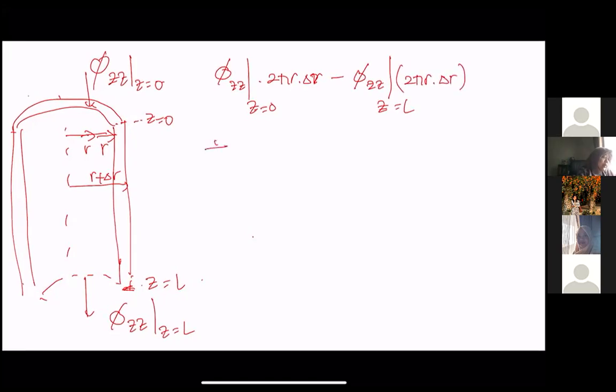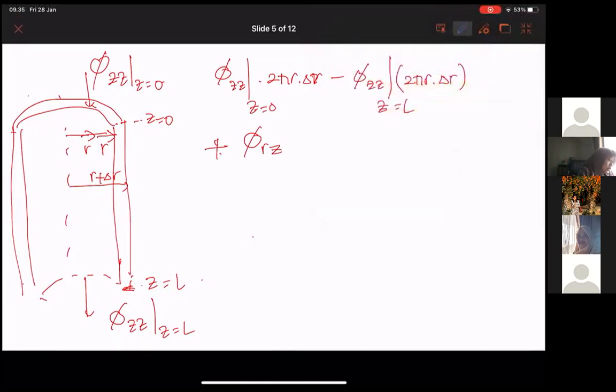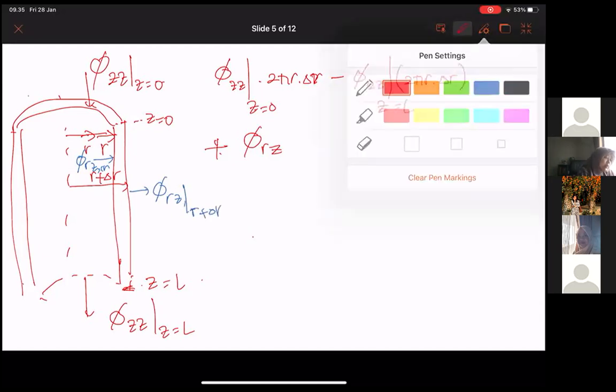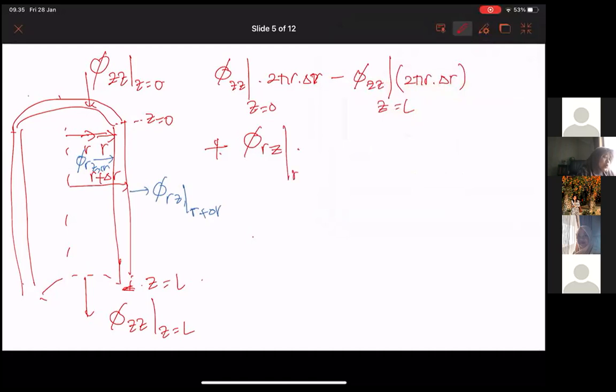Okay, and then plus C_rz. This one we have C_rz in, and there is C_rz at R plus delta R. So we have C_rz at R multiplied by 2πR multiplied by L, and then minus C_rz at R plus delta R, multiplied by 2π.